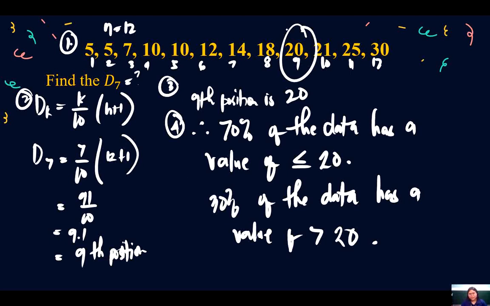So that means 70% of the population has scores or values only up to here. This is the 70%. The 30% is here. Okay? That's how we interpret the data.